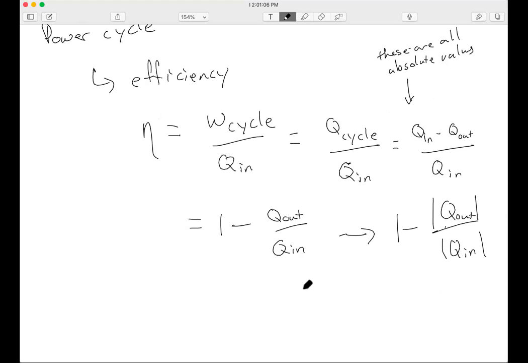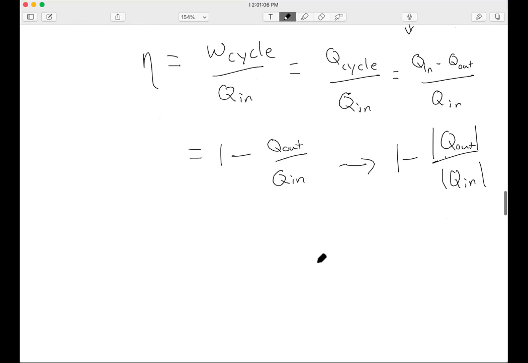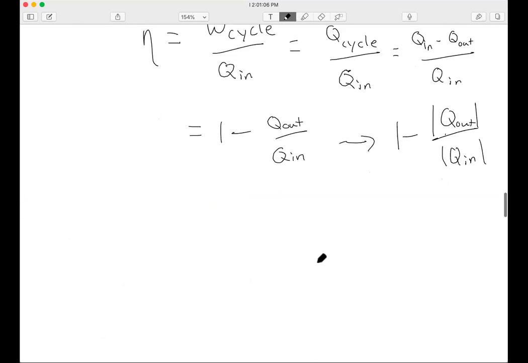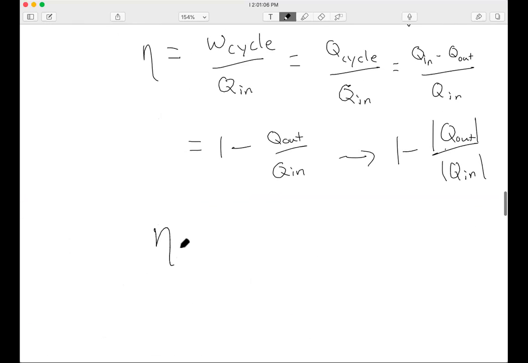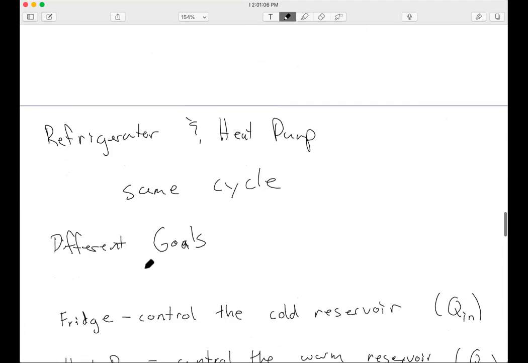The efficiency cannot be greater than 1, and it cannot be negative either. So the efficiency for a power cycle is going to live between 0 and 1. If it's 0, it's like a car that doesn't work, it just sits there. So it's not efficient.